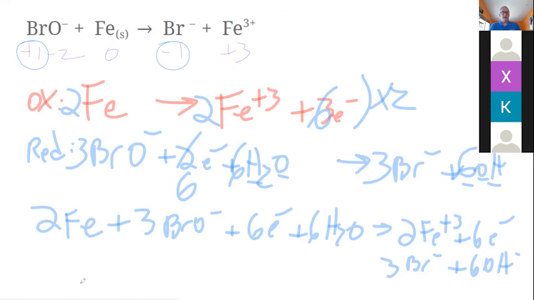Now I cancel what's the same on both sides. So what can I cancel on both sides?